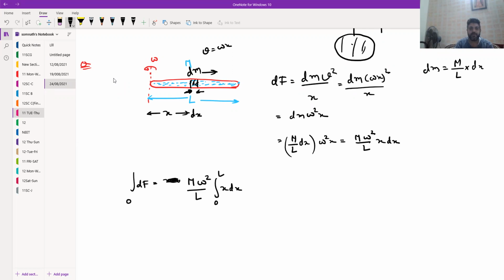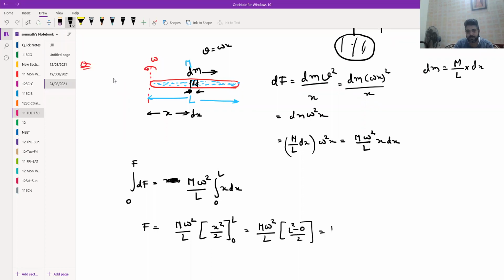So the total force F is m omega square by L, x square by 2, from 0 to L. That means m omega square by L, into L square minus 0 by 2, that is half m omega square L.